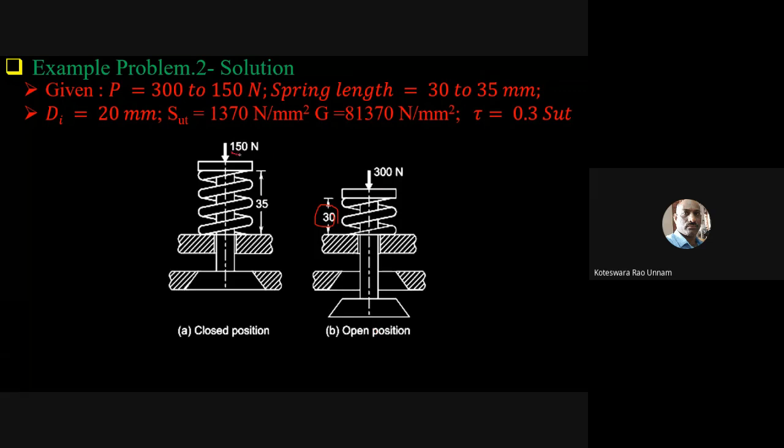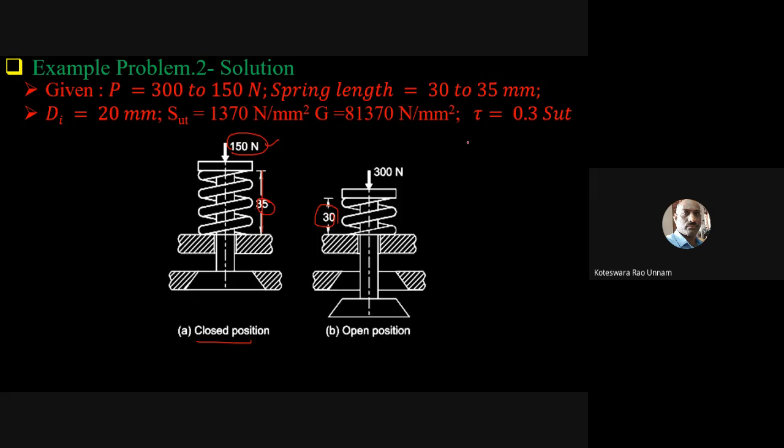The same thing, if I apply 150 newtons, that means in the closed position when the valve is closed, the load on the spring is only 150 newtons, and the length of the spring is 35 mm. So here I can calculate the stiffness of the spring. How can I calculate the stiffness?